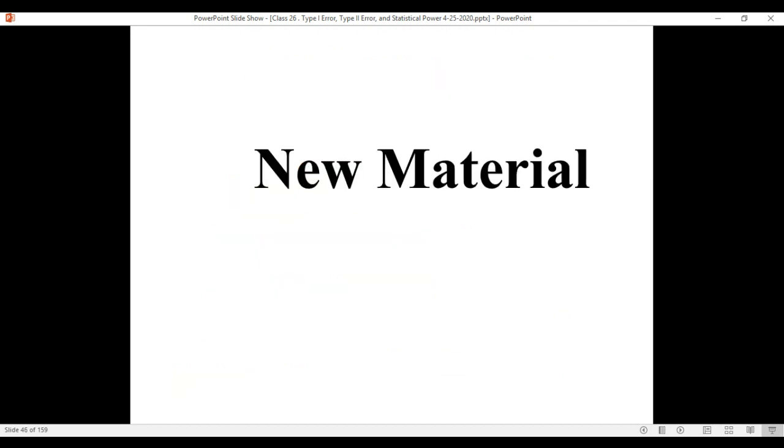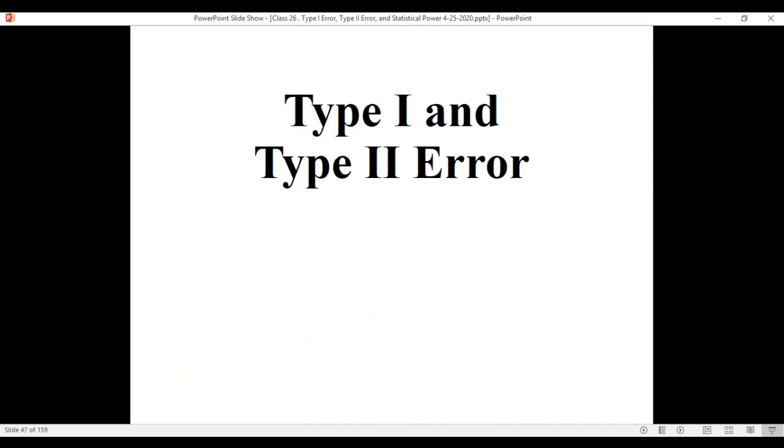So that covers the t-test, at least so far. And now we're ready for today's new topics. First, today, we're going to focus on type 1 and type 2 error. Now, these errors can occur whenever we do a t-test or any other kind of null hypothesis significance testing.